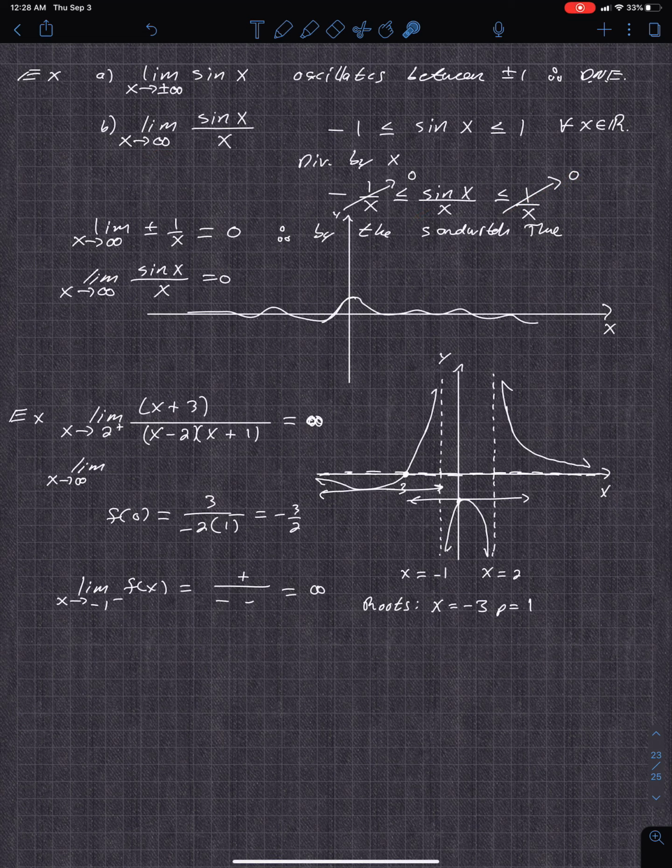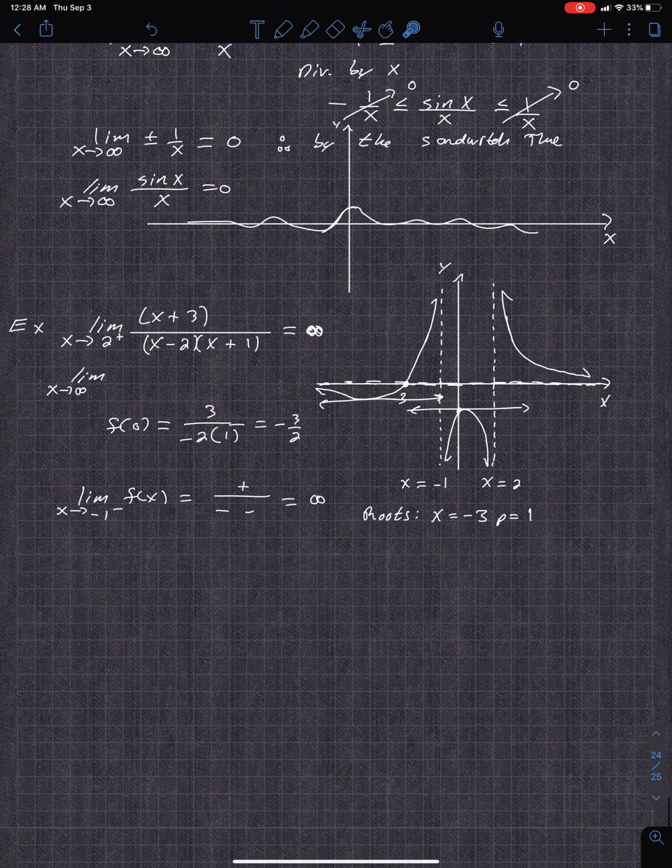So therefore, by the squeeze theorem, the limit of sine x over x as x approaches infinity must also equal 0, or sandwich theorem as the book uses. So it oscillates, and you can graph those things. It gets smaller and smaller like that. You can see what that graph looks like.